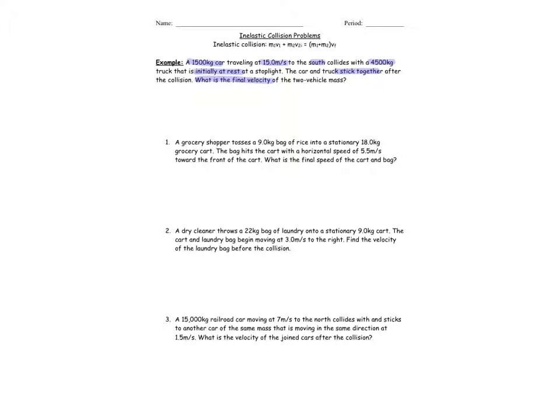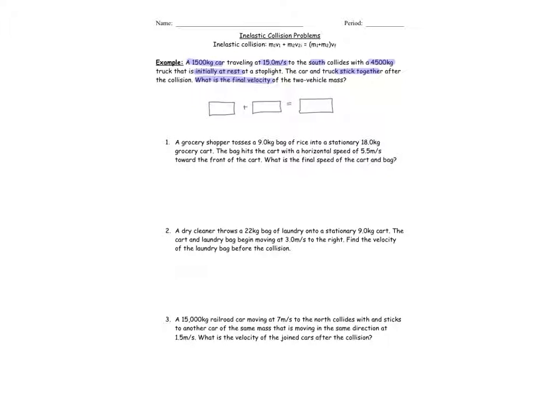I'm going to go ahead and draw boxes for the car and the truck. And then once they collide, they are going to form one combined mass. So there's only one box after the two objects collide. So inside the boxes, I have the masses.